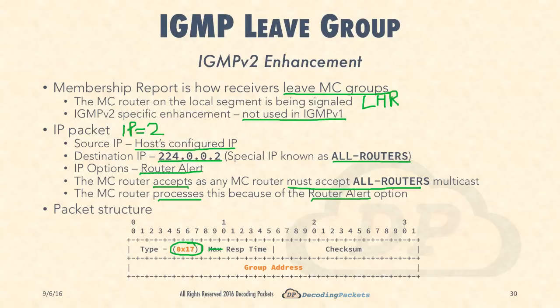Once again, the max response time is not used. Once again, the checksum is the checksum. Now, the group address here is more important. So if you wanted to leave the same group, you would actually use that 239.1.2.3 address here. So that's the group that the host is trying to leave. And that's the leave group message.